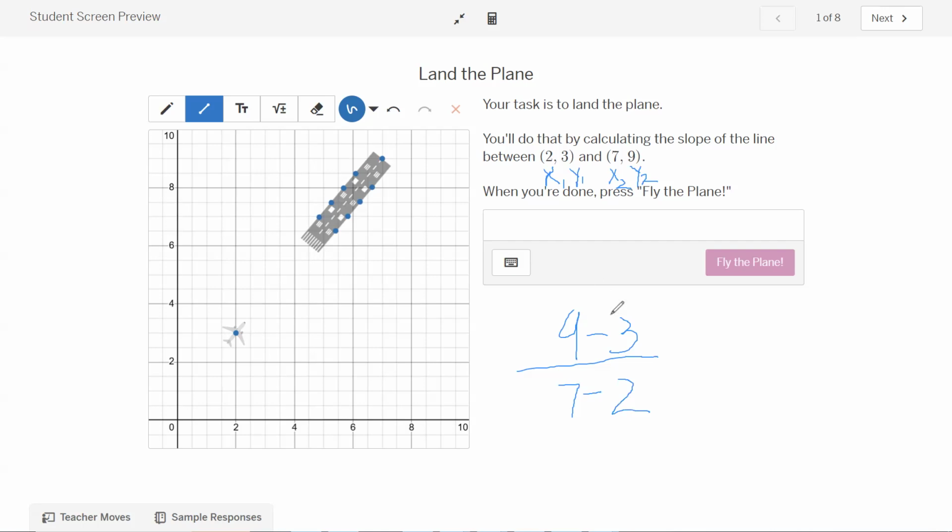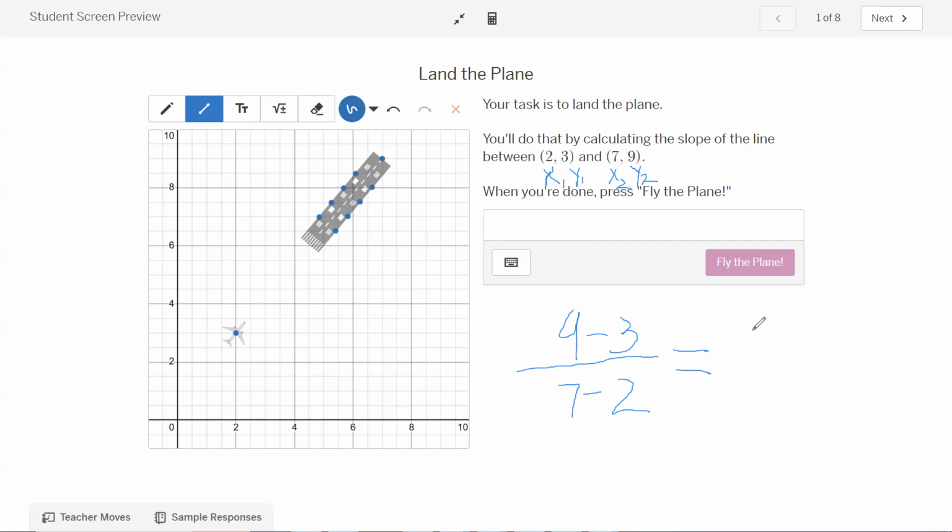The reason why there's that y1, y2, x1, x2 is because you need to make sure we have the numbers for the same point above each other. So the 7 and the 9 are the same point, so the 7 needs to be below the 9. The 2 and the 3 are the same point, so the 2 needs to be below the 3. Okay, we see that the plane is going up this way, so it is a positive slope. So we should get a positive answer when we answer this.